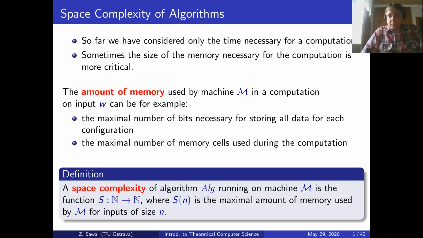If we would allow, for example, to store numbers that could have thousands of bits, then in the analysis it would be more reasonable to consider the number of bits required for the given value.